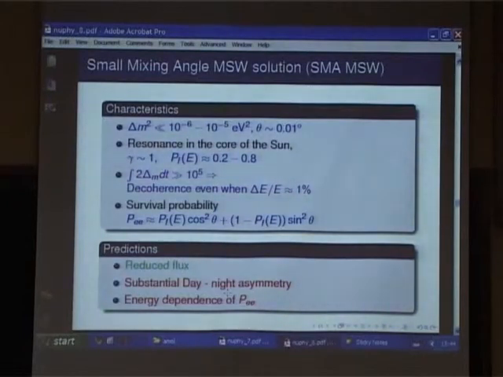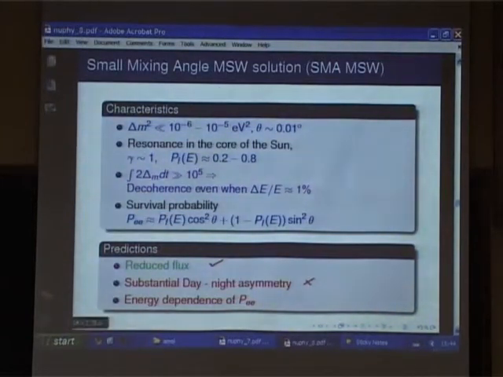So inside the Earth it will change a lot. Therefore, there will be very substantial daylight asymmetry. And as we saw, the data on daylight asymmetry gave us that the asymmetry is very small, less than some 2% or so. So although this gives you reduced flux, it predicts substantial daylight asymmetry, which is not observed.